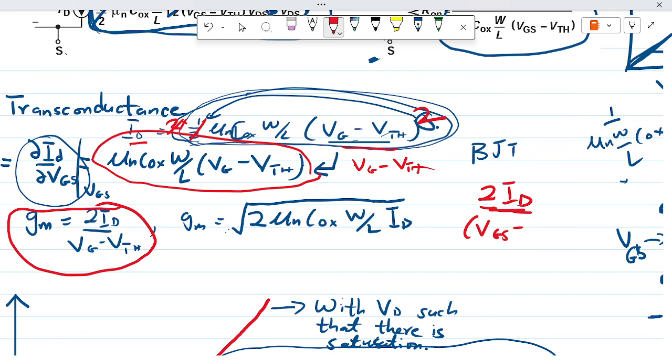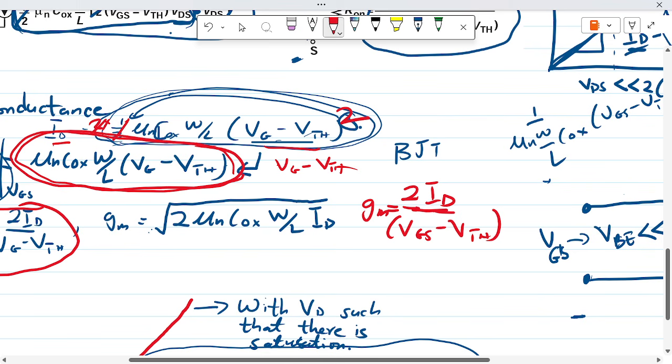Then what I'm going to get is exactly the same as this equation. So another way of writing the transconductance equation is 2ID over VGS minus VTH.